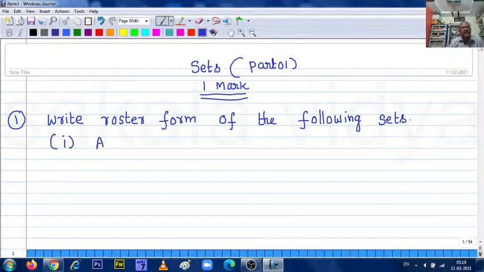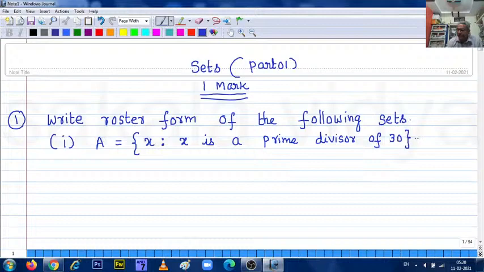A is equal to, set denoted by the capital letter. How to read? A is equal to x such that x is a prime divisor of 30.